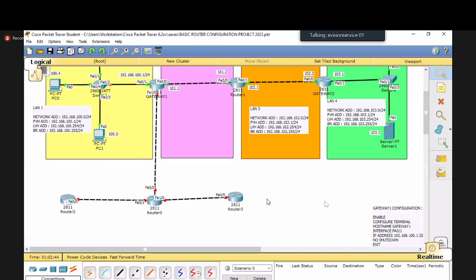And we are having our network IDs coming from here.